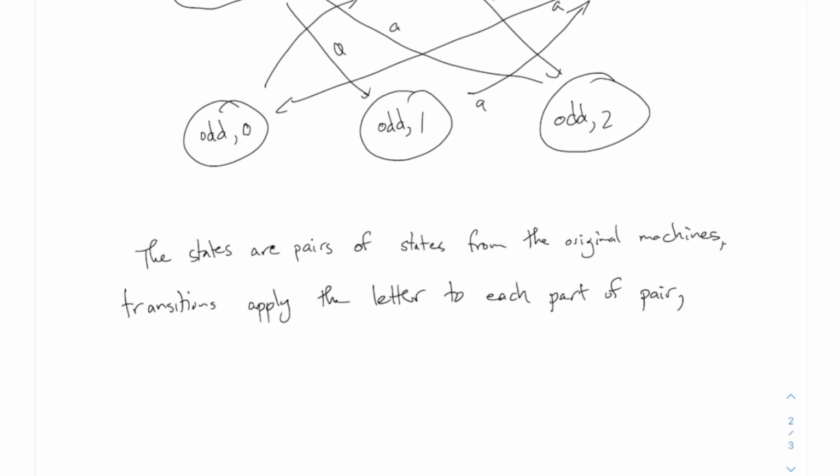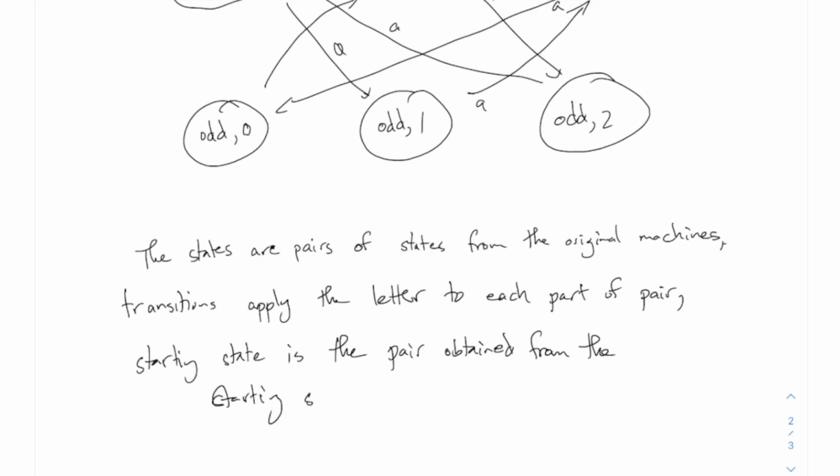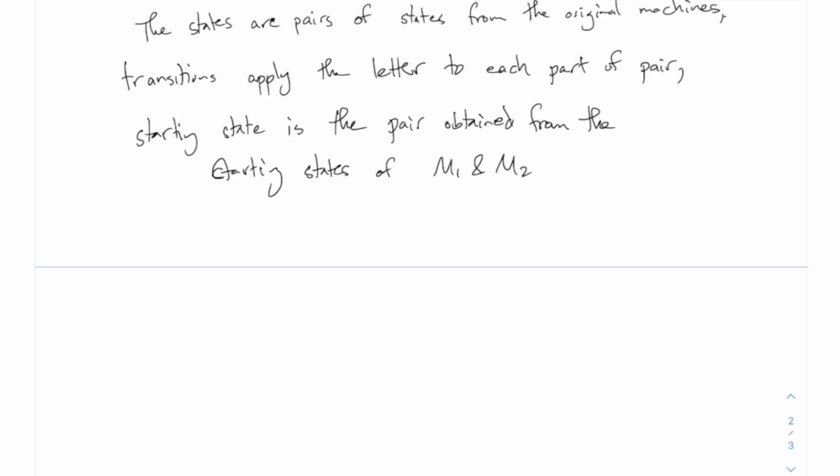The starting state is just the pair that you get from taking the two original starting states. So the starting state is the pair obtained from the starting state of M1 and M2, right? And the accepting state is any pair which is made up of two accepting states, right?